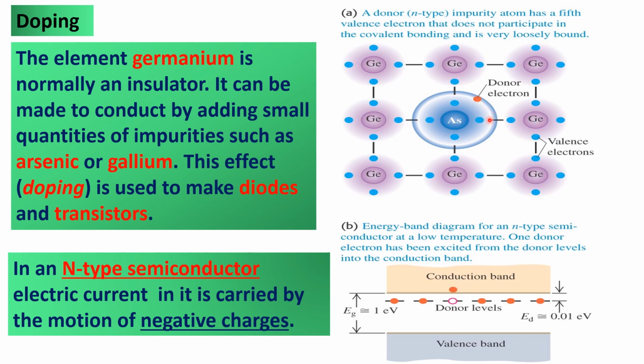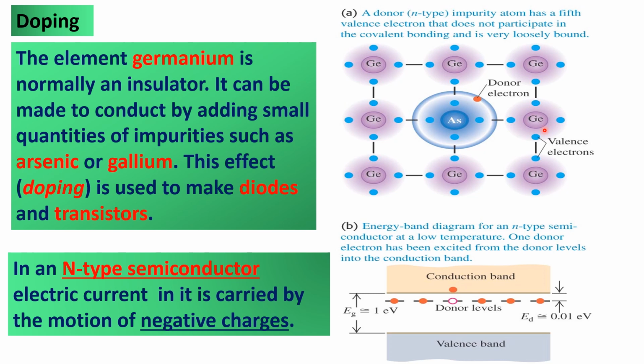So we consider arsenic as a donor because of its extra electron that is not paired with another electron from the neighboring germanium atom.